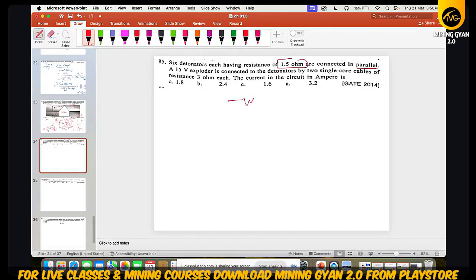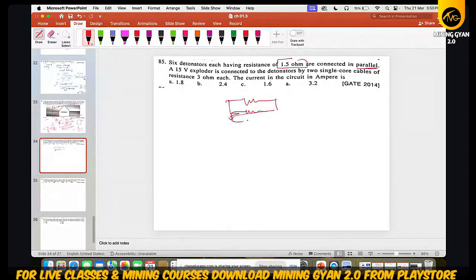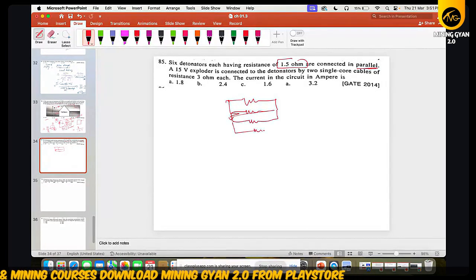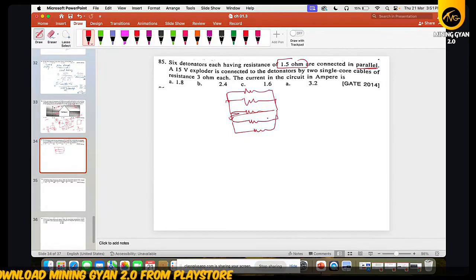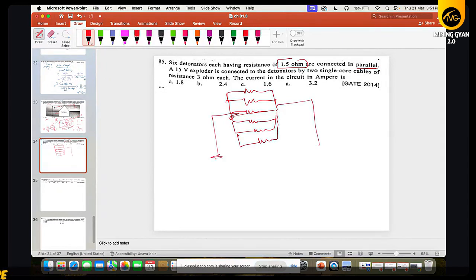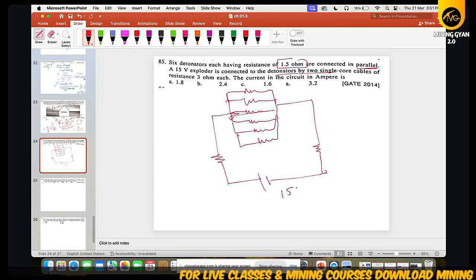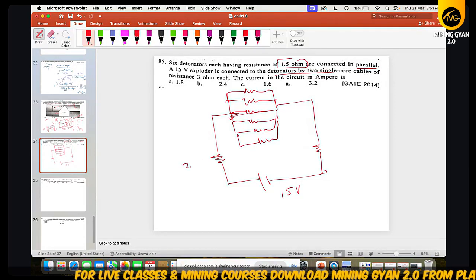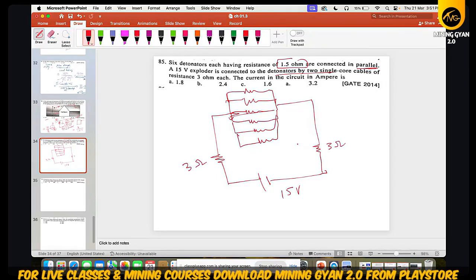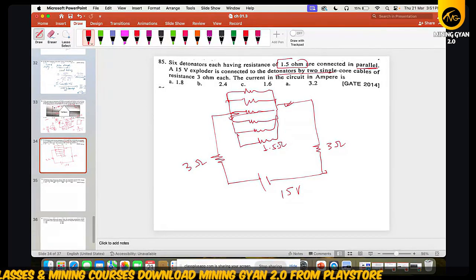So this will be your parallel. 6 detonators they have given, and two resistances, 2 single core cables, and the voltage is 15 volt. And this is 3 ohm, this is also 3 ohm. This is the 1.5 ohm, 6 resistances. So how will you solve?